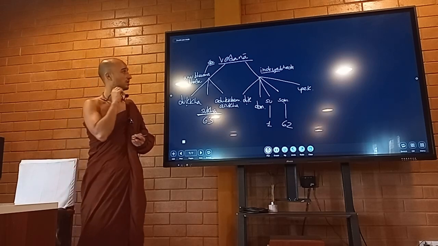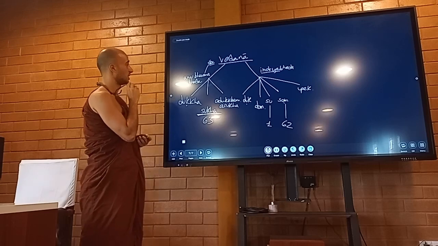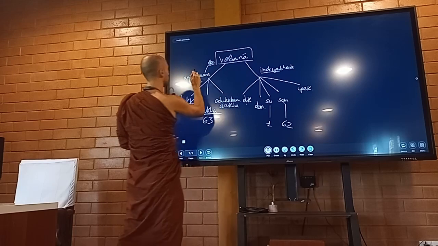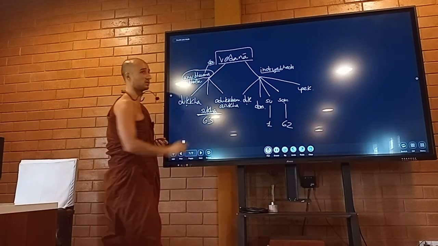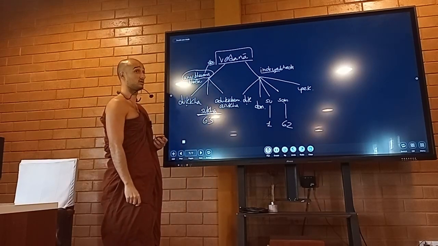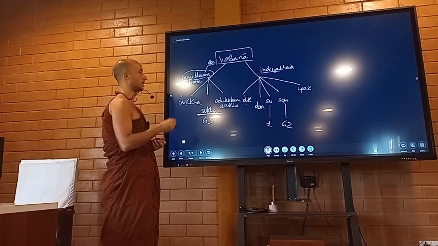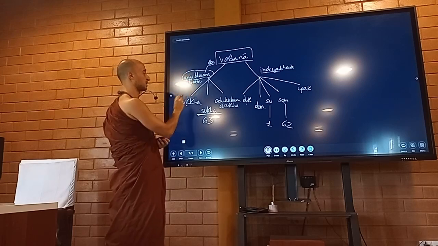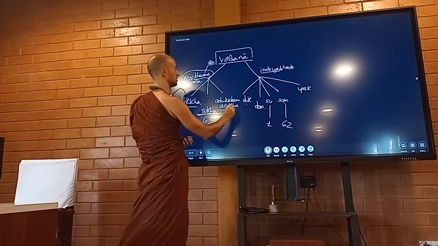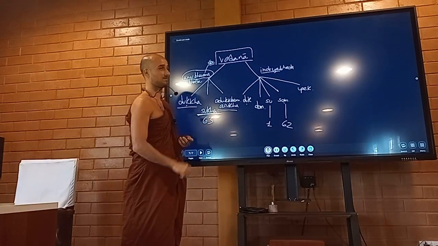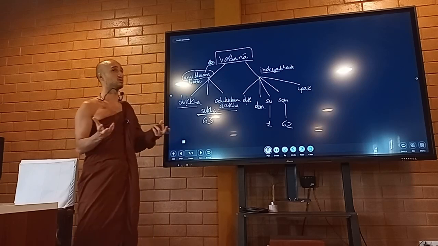Anubhavana Bheda: Vedana is divided according to how it experiences the object. The characteristic of Vedana is Anubhavana, experiencing. So Vedana experiences the object in a threefold way: as either dukkha, sukha, or adukkhamasukha.